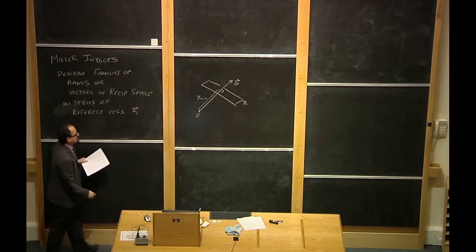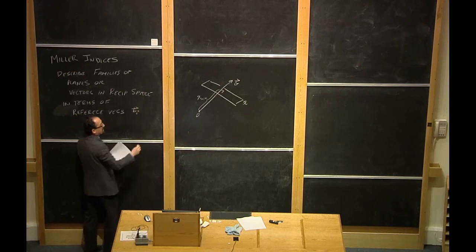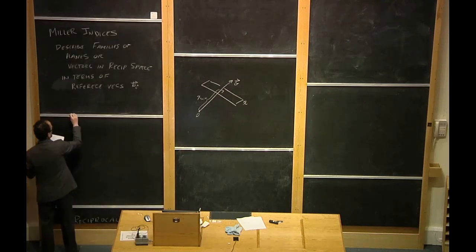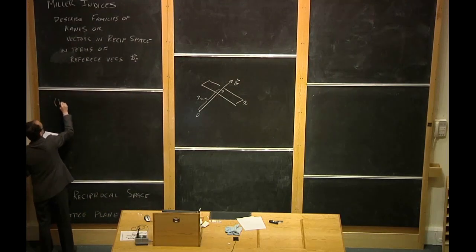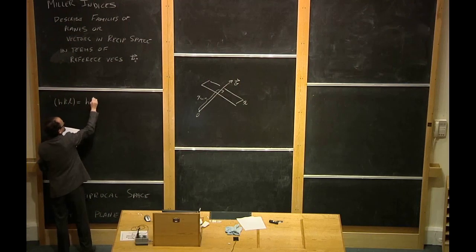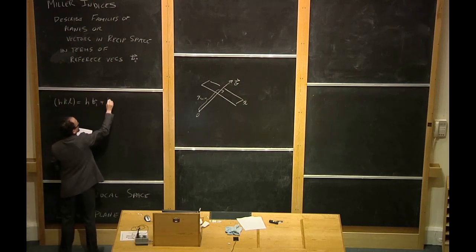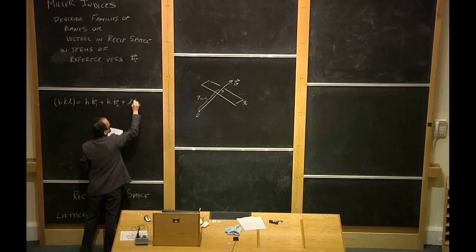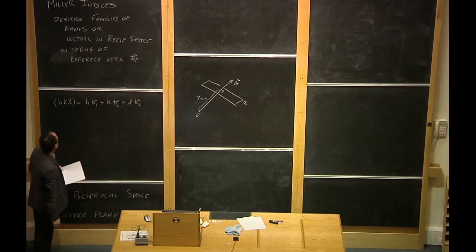These b sub i's, very important, may be primitive reciprocal lattice vectors, or they may not be. Generally, what we do is we write (HKL) in parentheses to mean H times b1 plus K times b2 plus L times b3. And this notation should look a little bit familiar.